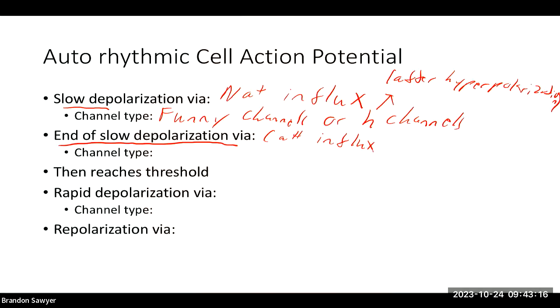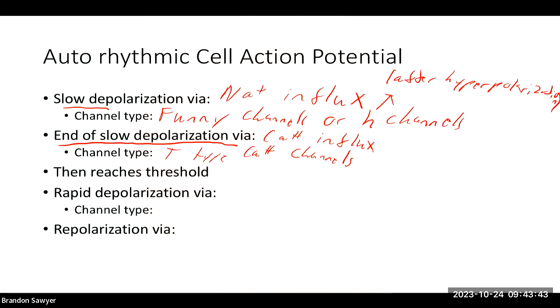This happens via channels called T-type calcium channels. That stands for transient calcium channels. We just get a little bit of extra opening there, pushing us a little bit further towards the action potential threshold, adding to the sodium influx effect that's already happening.